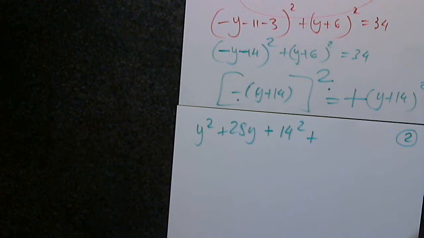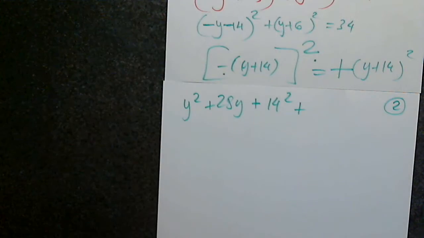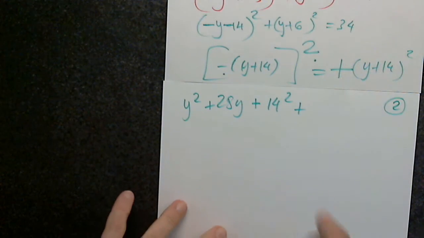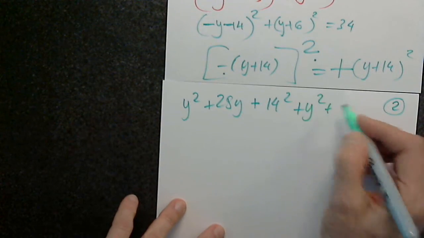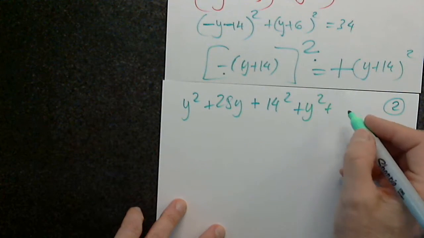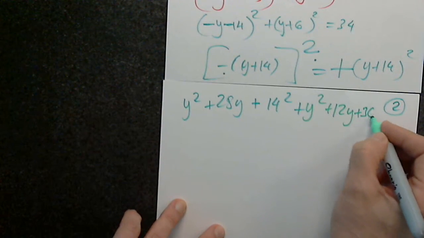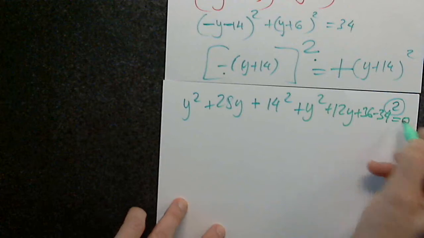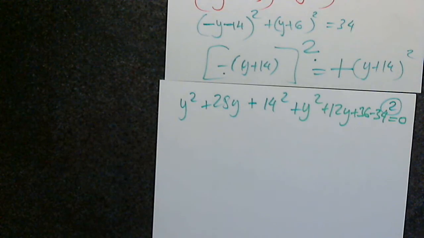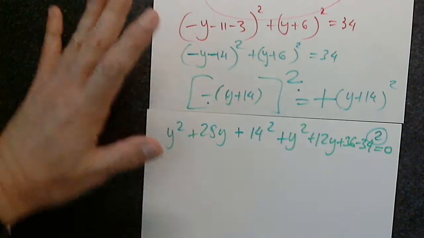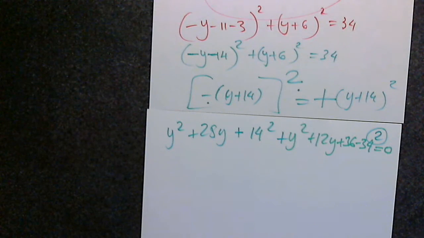My apologies. Okay, y plus 6 squared. 3 more terms. First term squared plus 2 times the first times the second plus 36 minus 34 equals 0. So one more time, let's do this together. When I square y plus 14, I get 3 terms.